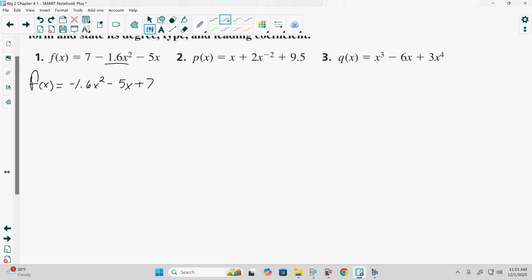Now the degree would be 2. Because the variable x squared is the variable with the biggest exponent, and that exponent is 2. Telling us the degree is 2. And since the degree is 2, our type is quadratic.